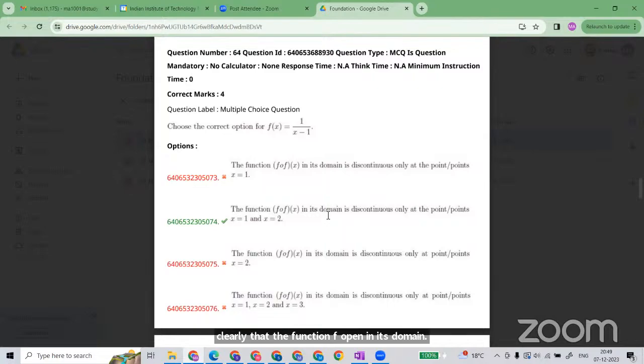So I think the confusion is only in this domain part, because it is clearly in its domain, and we have to check that it is discontinuous only at x equal to 1 and x equal to 2.